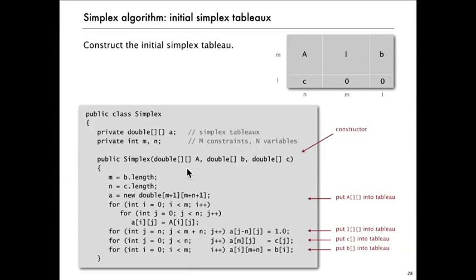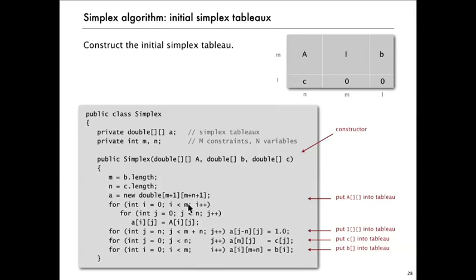So we'll write a constructor that takes the constraints, then the right-hand side for the constraints, and the coefficients for the objective function as arguments. So it picks out M and N, and so how big an array do we need? M plus 1 times M plus N plus 1.